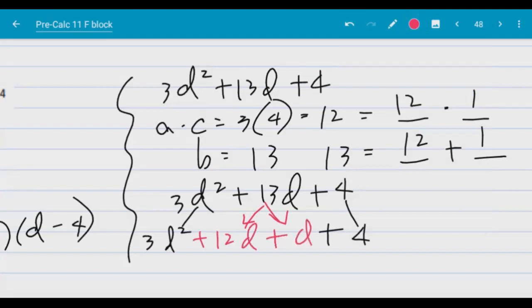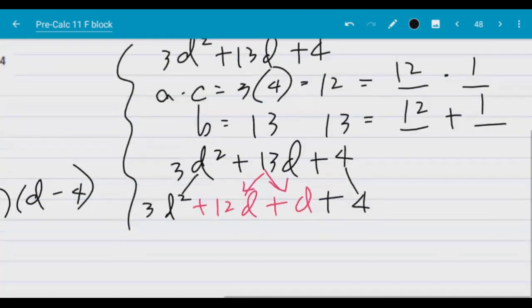Okay, the next step is to look at the first two terms and see what you can factor out from those two, and then look at the last two terms and see what you can factor out from those last two. From these two terms, I think you can see that both terms have a factor of 3 and d.